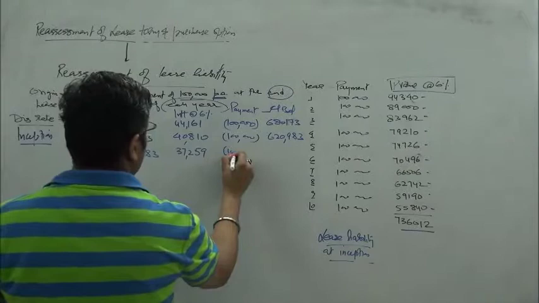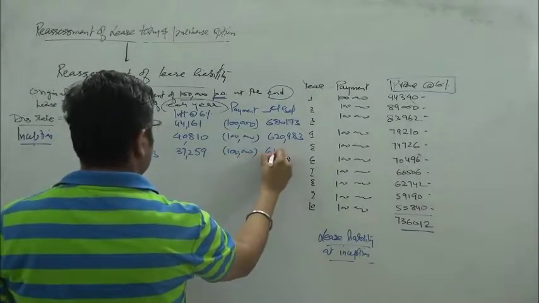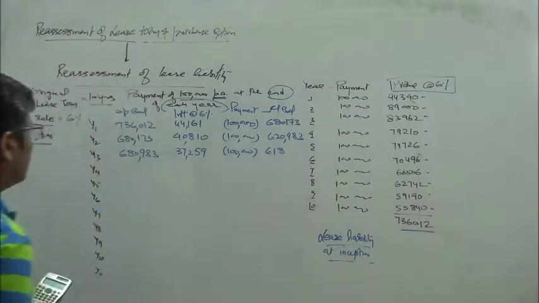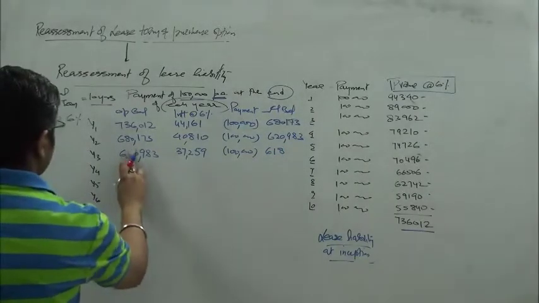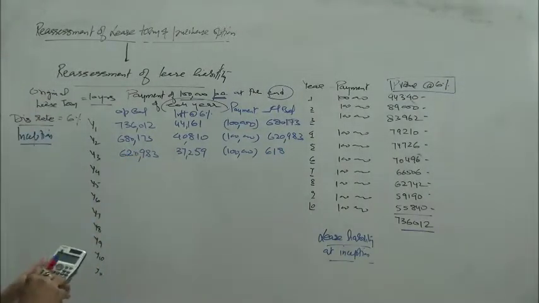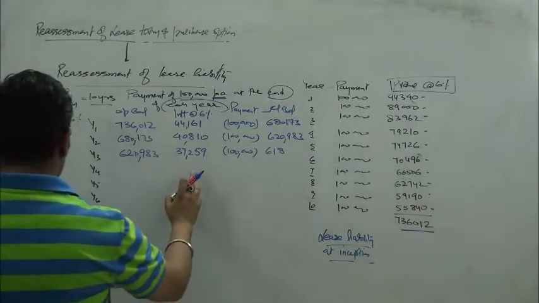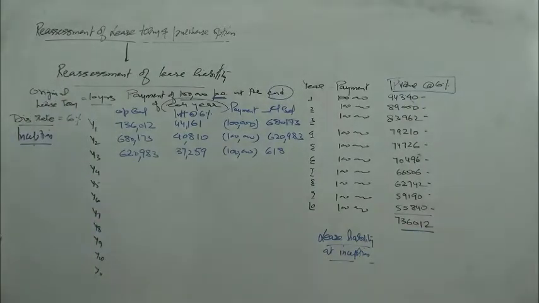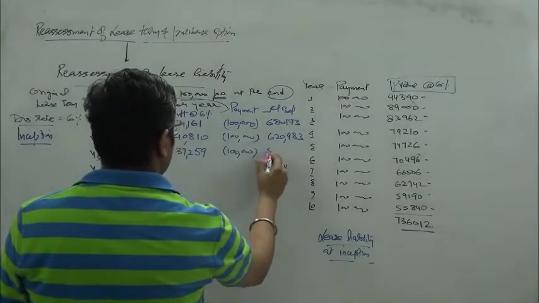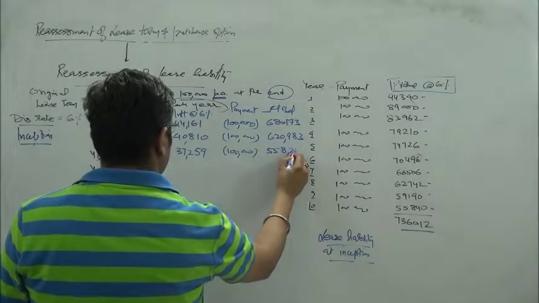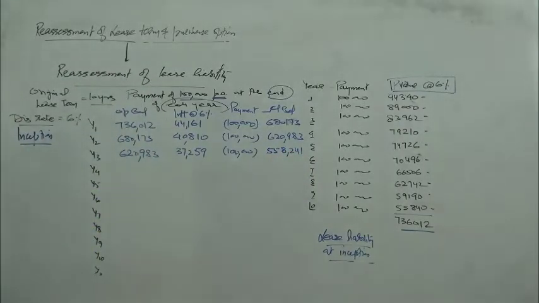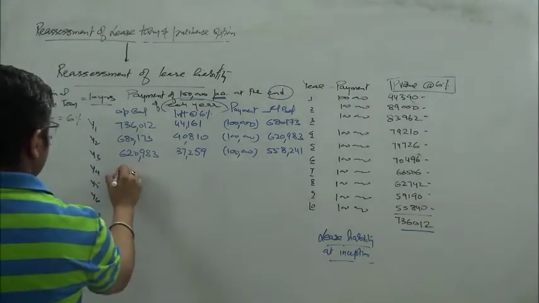So 100,000 gone. So this was 620, so just a carry forward issue. So I have 620983 at 6%. This calculation is done, okay. This comes to 558241. All right, let's do it for a few more years.